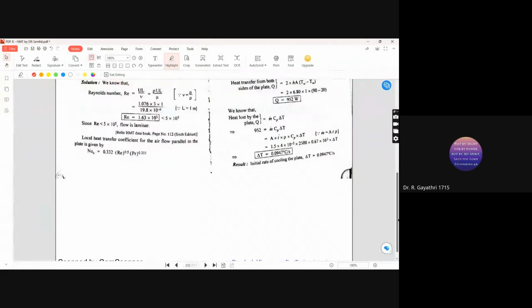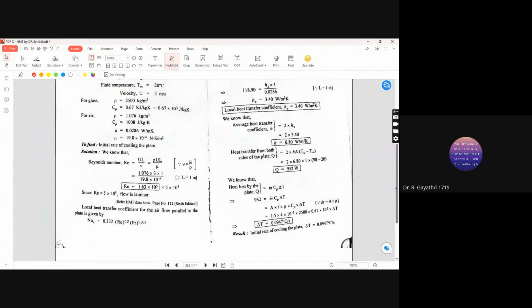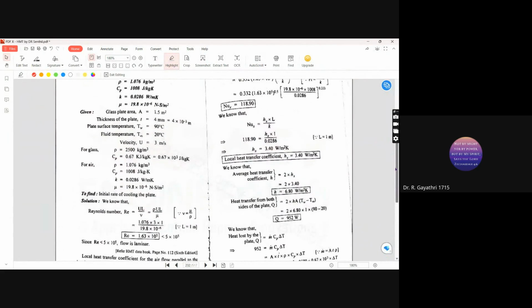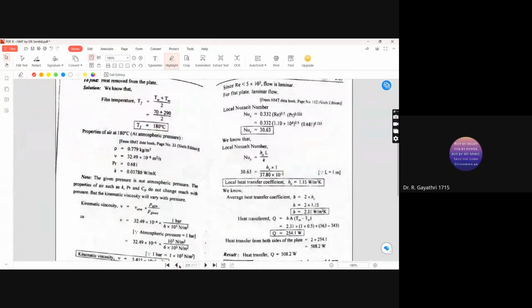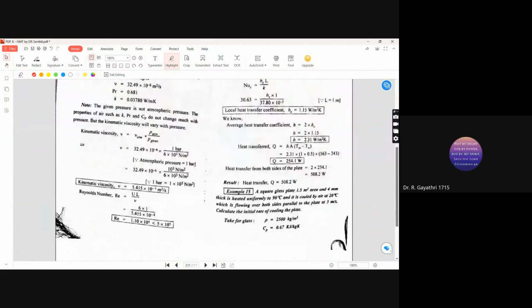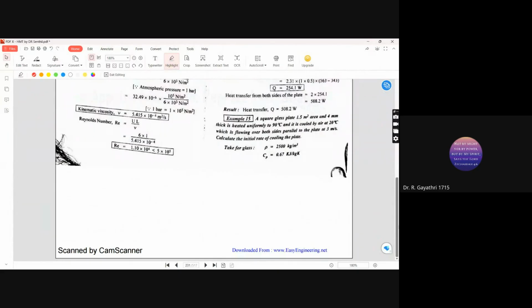Okay, we can find density, Cp value, k value, mu value at the film temperature of 55 degrees centigrade. And the glass plate density and Cp value are also given.